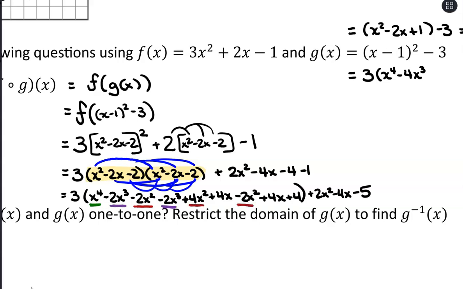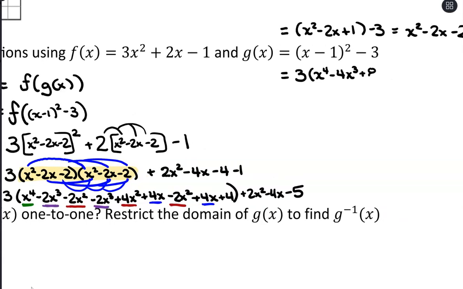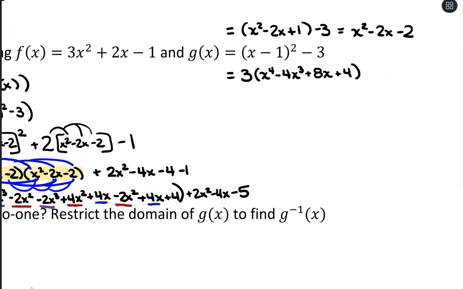So let's see, minus 2 plus 4, so positive 2, minus 2. So that's all going to turn into a 0, so we won't have an x squared term. And then we have a 4x plus 4x plus 8x. And then a plus 4 as a constant there. And then outside of the parentheses, plus 2x squared minus 4x minus 5.